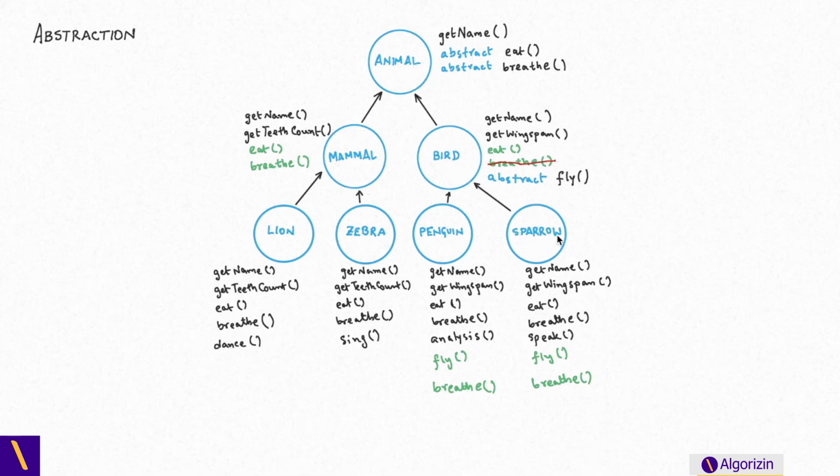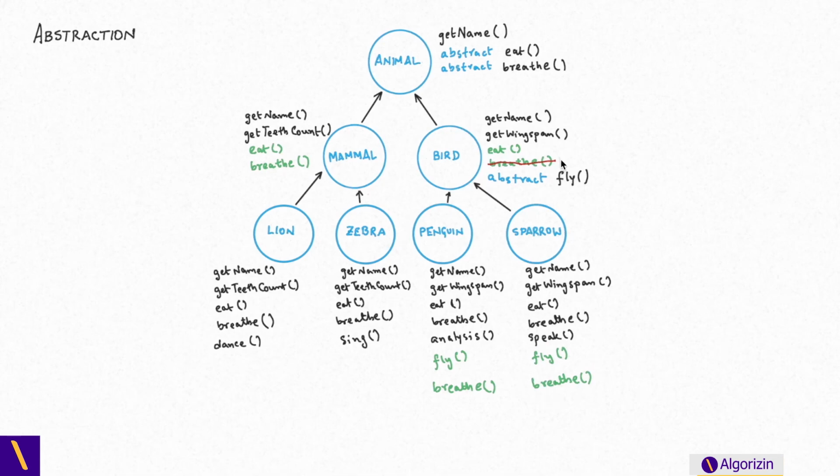If you think of chains, then someone in the chain has to implement the abstract methods. And at the end, when you have a concrete class, that class has to have all the methods defined of its previous parents. And that is why sparrow had to define fly, and it also had the responsibility to define breathe, because bird did not define breathe here.